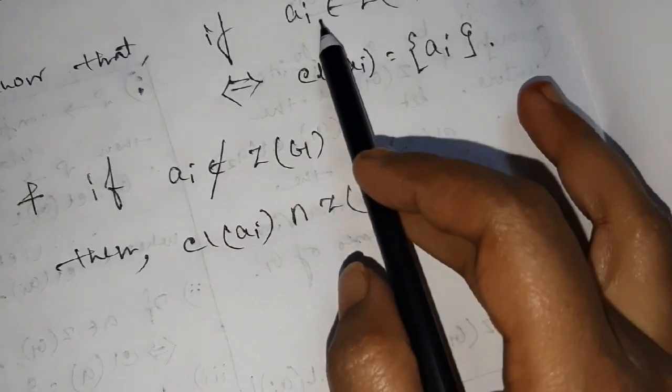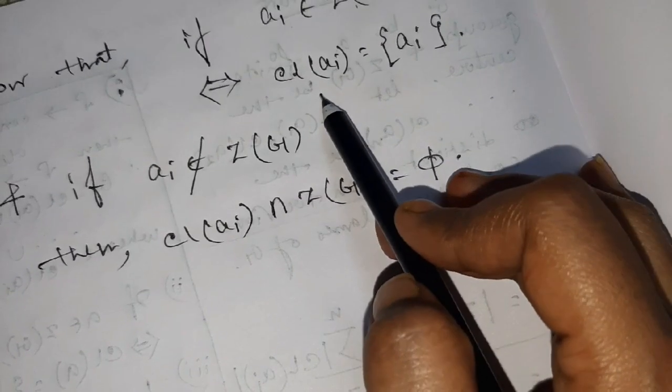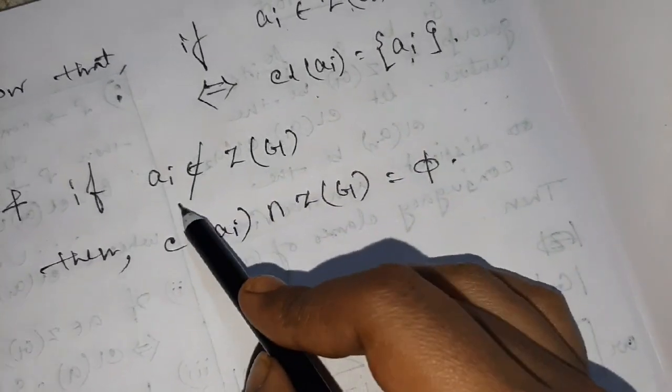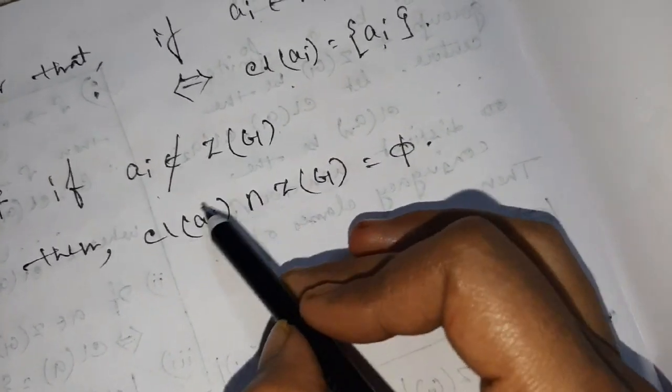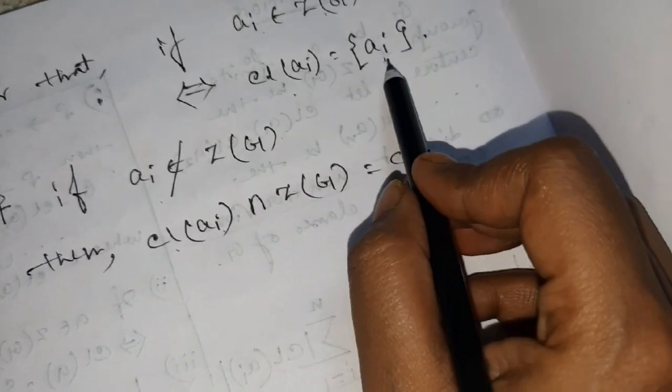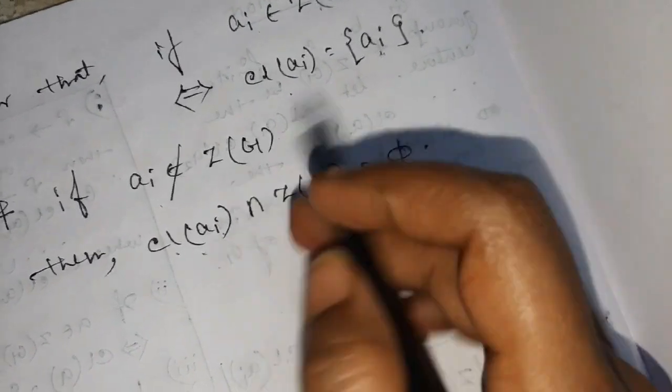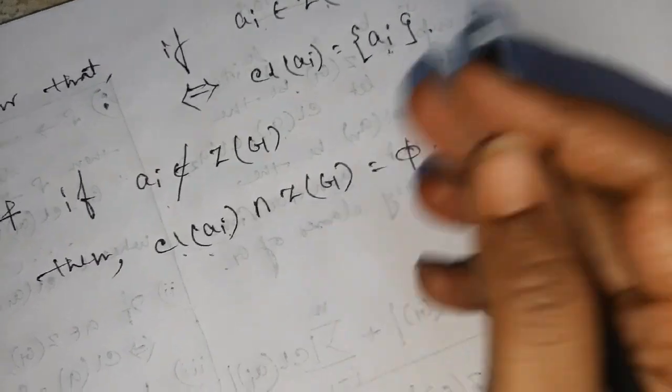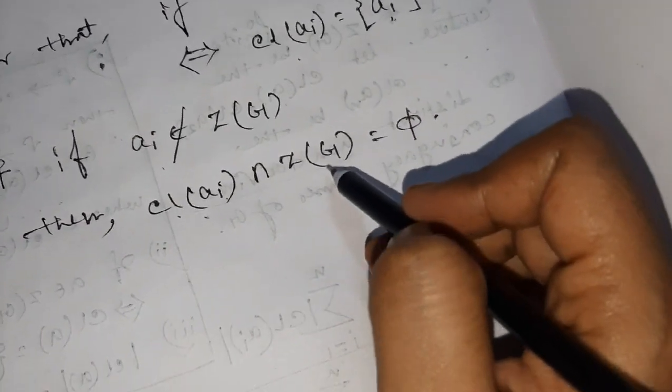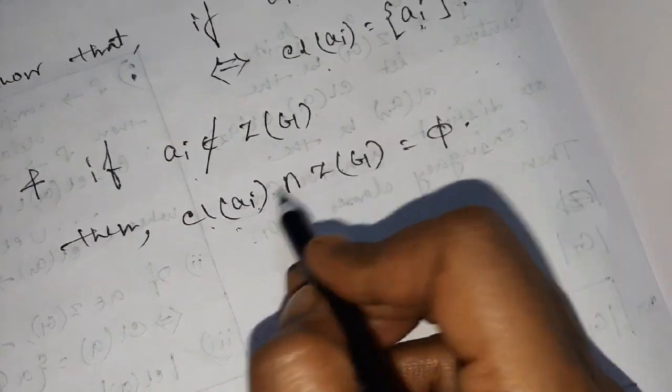Okay, because if AI be the element of ZG, then class of AI is a singleton set, and if AI does not belong to ZG, then definitely class of AI is not AI. That means class of AI will have empty intersection with the center of the group. There will be no element common in this two.